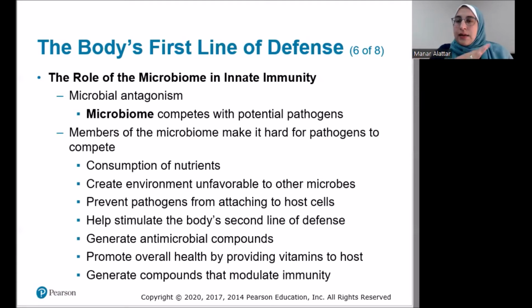So it's scanning, it can detect normal, healthy microbiota, but it can also still be vigilant if there's a pathogenic or a harmful microbiota. And then also just producing various types of vitamins and so on and so forth that are important for our body as well.